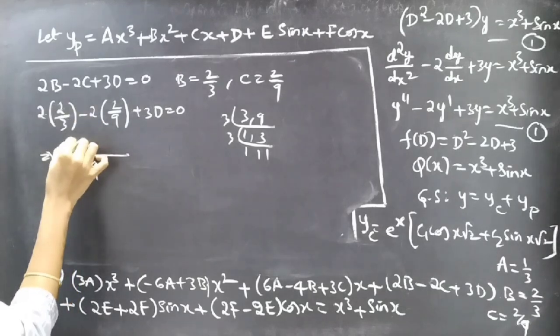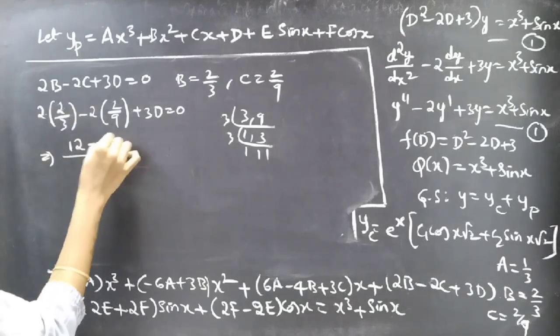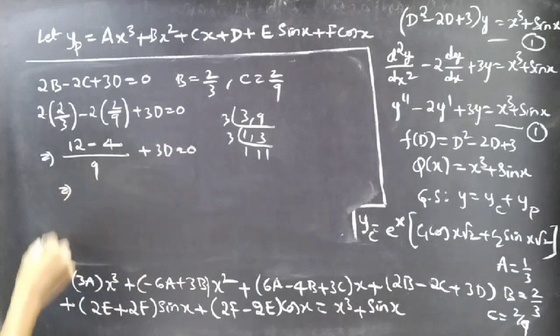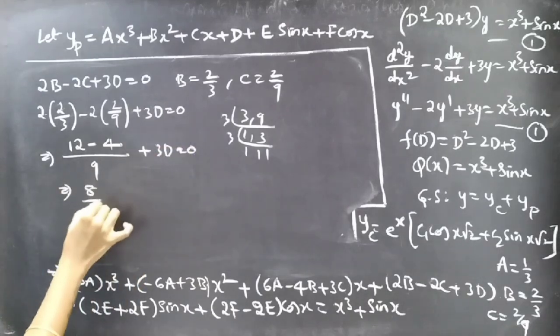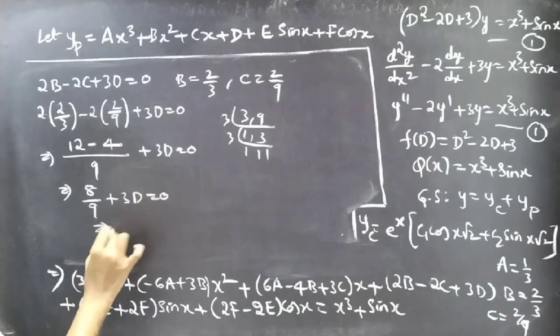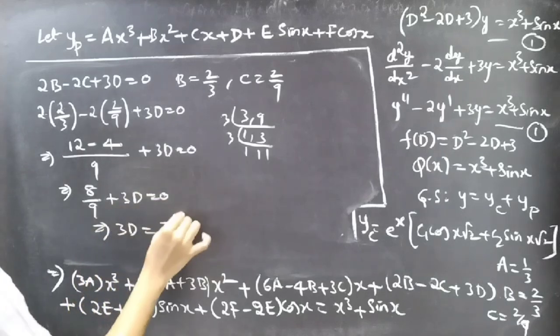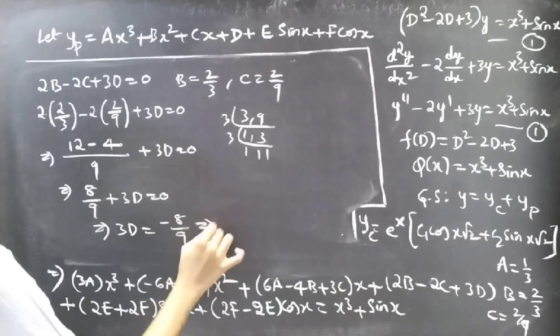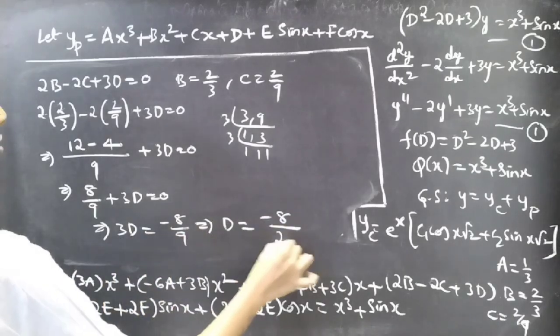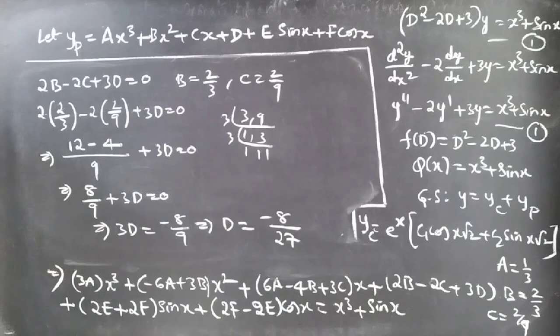Two twos are 4, 4 threes are 12, minus 2 twos are 4 plus 3d, which gives us 8 by 9 plus 3d equal to 0. Three nines are 27. You got the value of d.